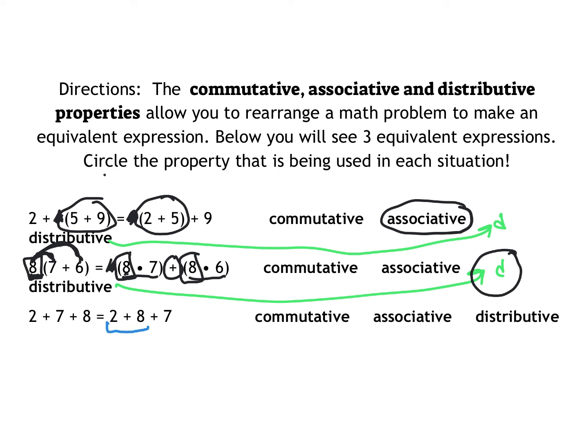I might do that because if I'm trying to do this problem in my head, making a grouping of 10 makes it easier, right? So I know this side is 17. If I take this side and say 2 plus 7 plus 8, it's a little bit trickier for my brain. So it's saying it's okay if you want to switch those numbers around. The order doesn't matter. That's the commutative property.